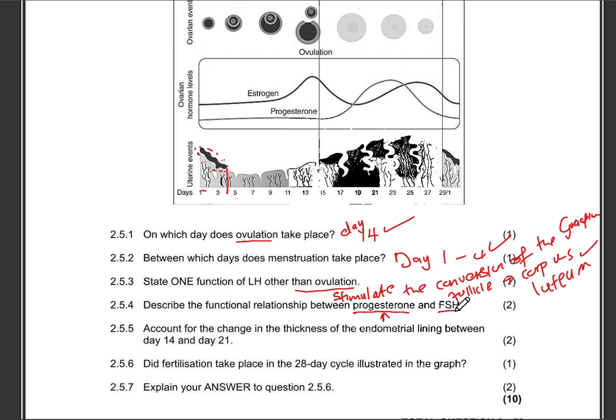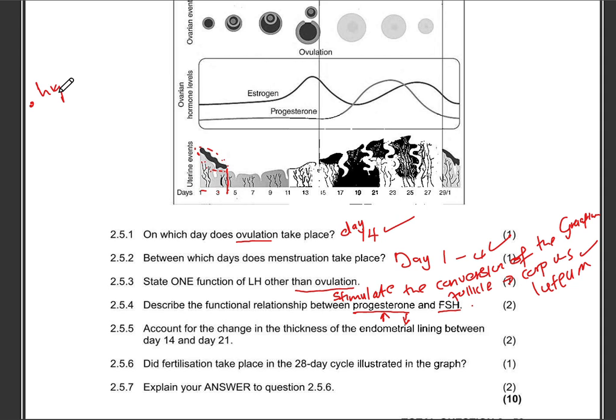If FSH is not secreted, that means no follicle is going to develop. Or you can talk about low levels of progesterone. If the levels of progesterone in the blood are low, that obviously stimulates the secretion of FSH in order for a new follicle to develop. So easy stuff. I'm going to write the answer here.